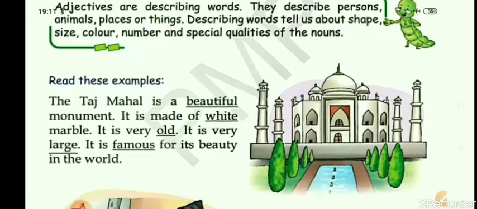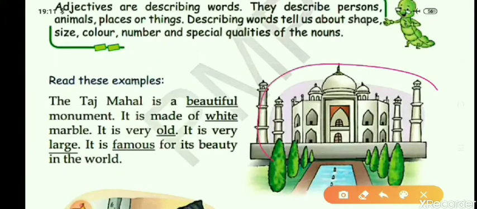As you can see, children, there's a picture of the Taj Mahal. This monument is in Agra. Some sentences are written about this picture. Let's read it. The Taj Mahal is a beautiful monument.